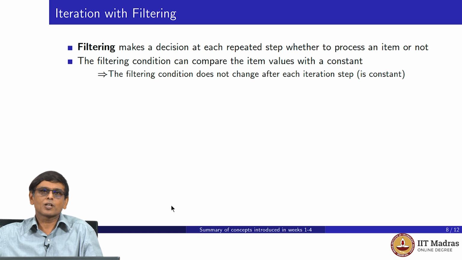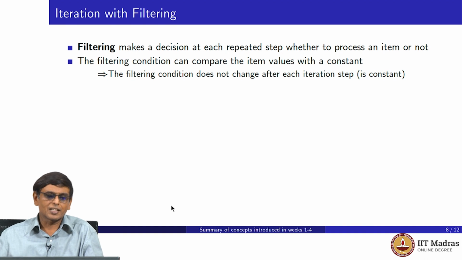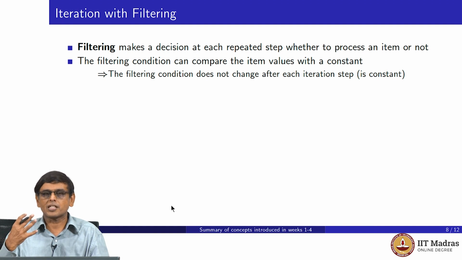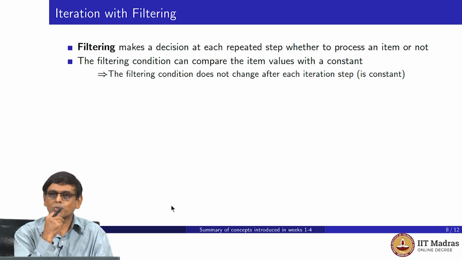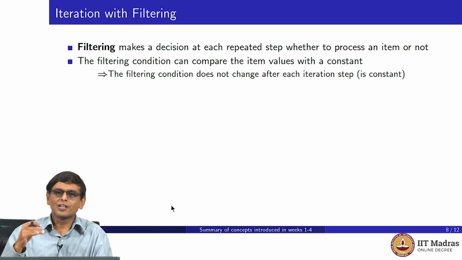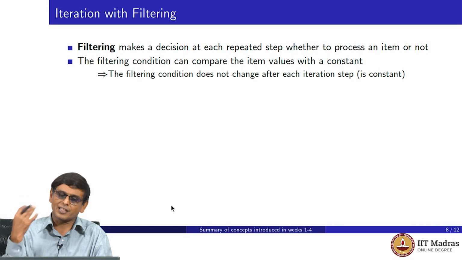When you compare it with a constant, it means basically that the filtering condition itself that is there inside the iterator is not changing with every iteration step, the same condition is used. So, the same filter method is used at each step of the iteration. For example, you are checking whether something is greater than 25. So, I extract all the marks which are higher than 25, let us say.